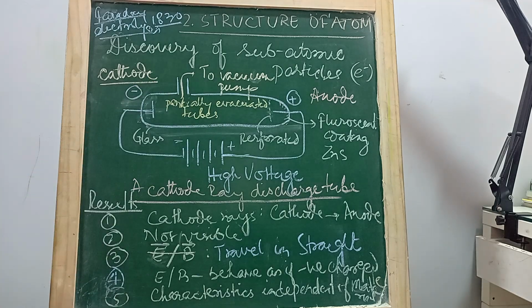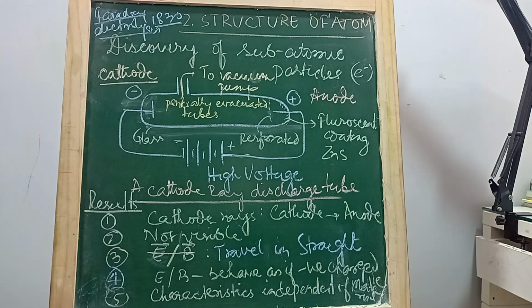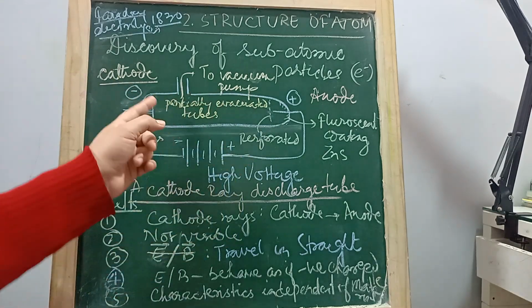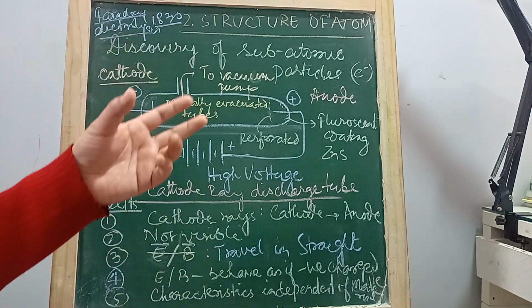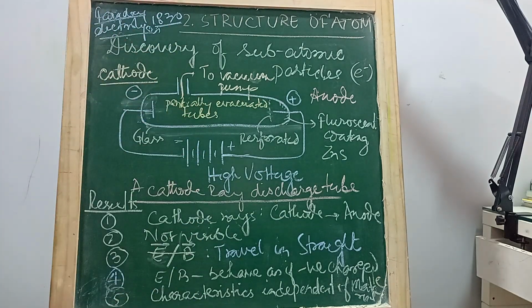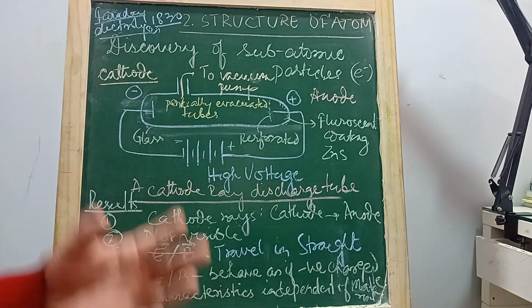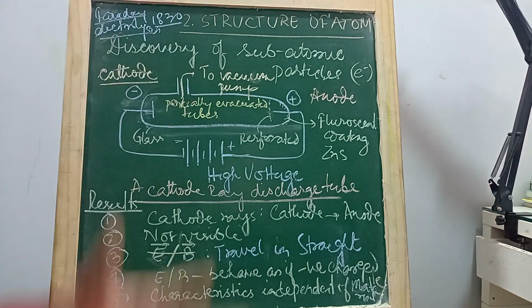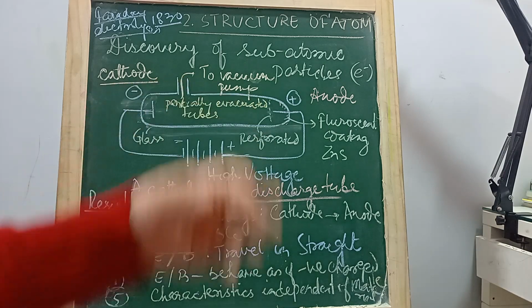It is contained in all the metals, and in the gases. No matter what the matter is, or what the metal is, it is present in them also. So the characteristics of the cathode rays were independent. They will later be called electrons, and they are independent of the kind of electrodes that you have taken.